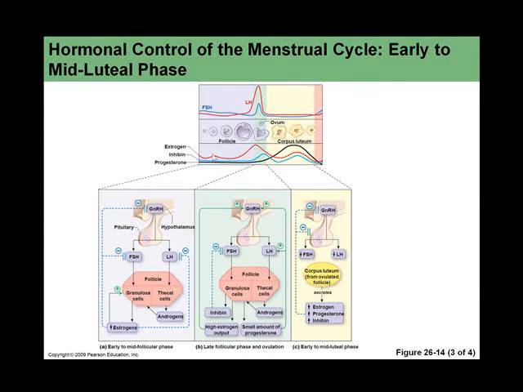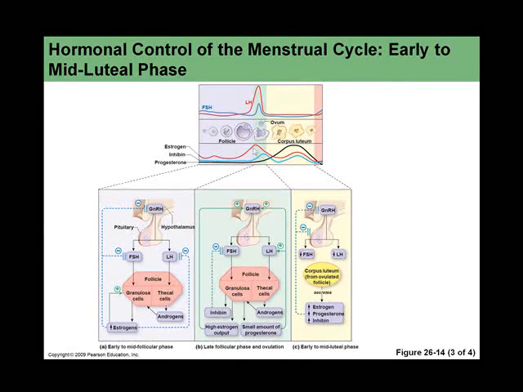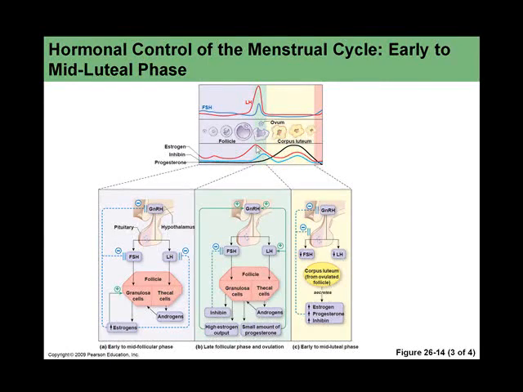So at all other times, the cervical mucus is going to be thicker. You only want it thin at the time when the sperm are anticipated to penetrate and pass to the deeper structures.